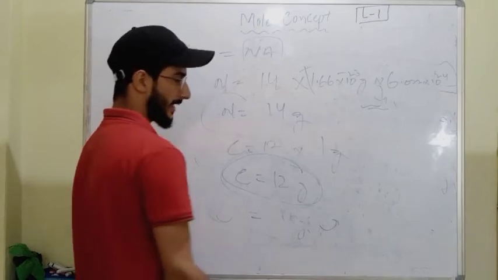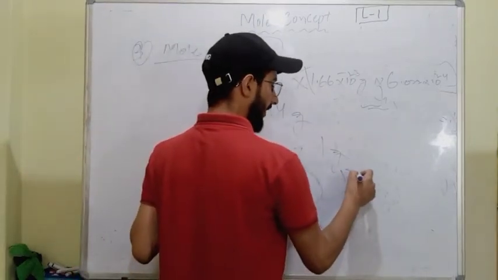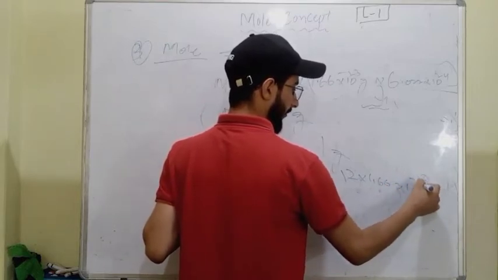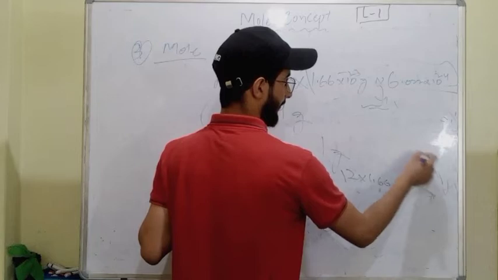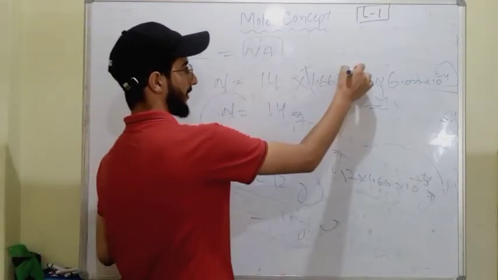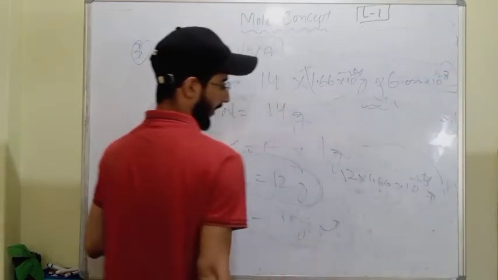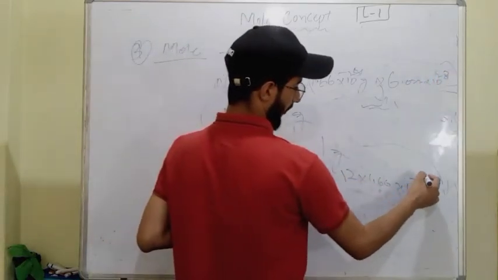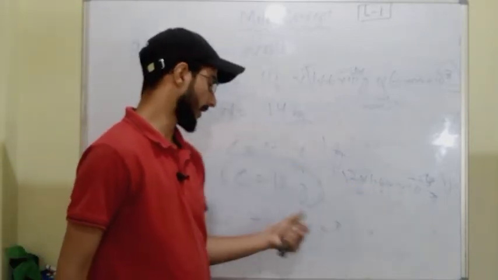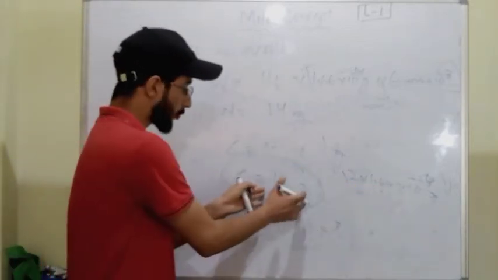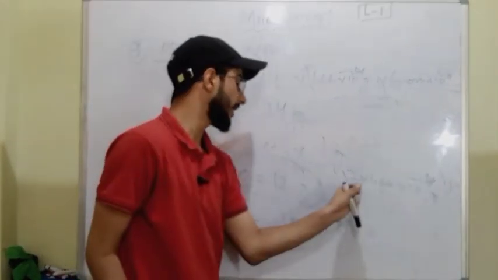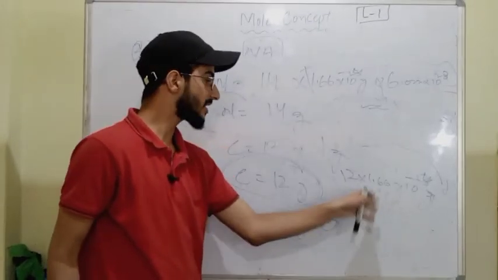The mass of 1 atom in grams is 12 into 1.66 into 10 raised to the power minus 24 grams, which is much smaller. That is the mass of 1 atom.